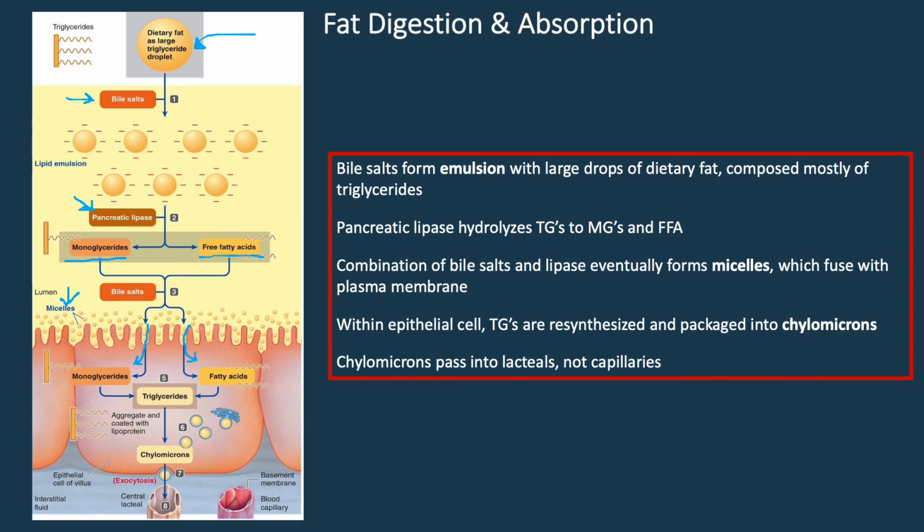Now, here's the weird part. Upon entering the cell, those monoglycerides and the free fatty acids reform into triglycerides. And here is where they're packaged into chylomicrons, which can travel undisturbed through the central lacteal and into the lymph.